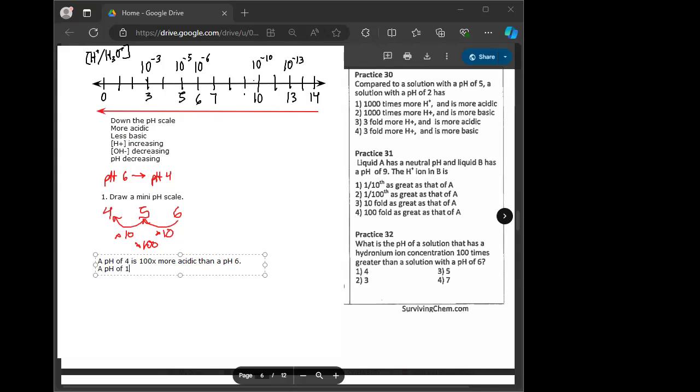A pH of 4 is 100 times less basic than the pH of 6. A pH of 4 has 100 times more hydrogen ions than a pH of 6. Notice that it's not twice as many. That's wrong, because like I said, the pH scale is about powers of 10.